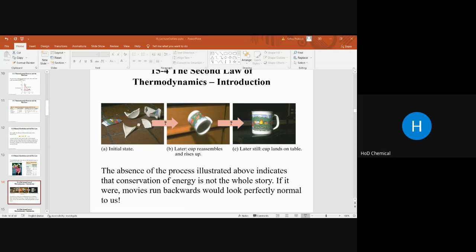The upper limit of the efficiency of the ideal engine is (TH minus TL) divided by TH, equal to 1 minus TL divided by TH.